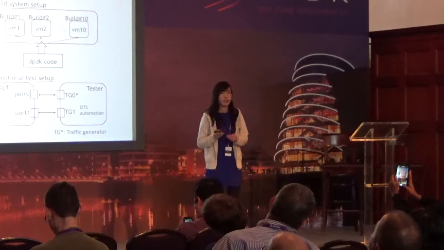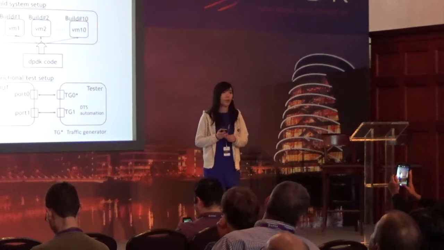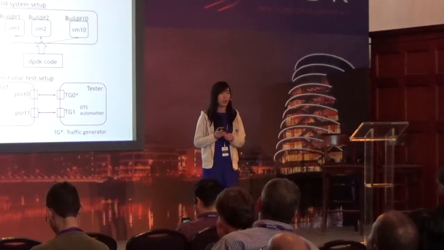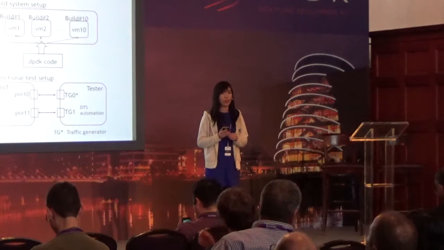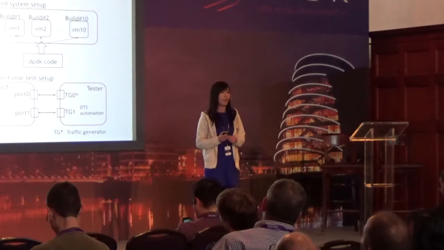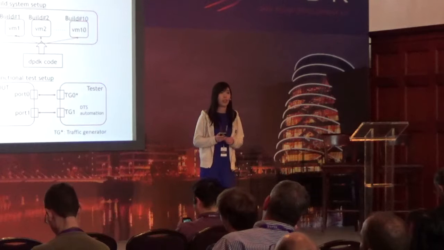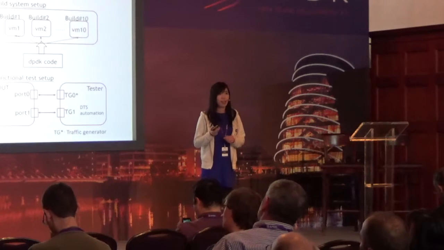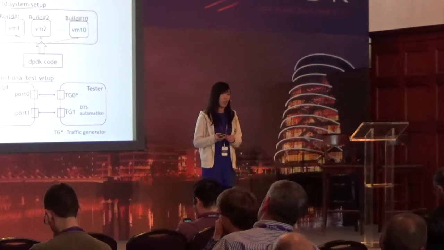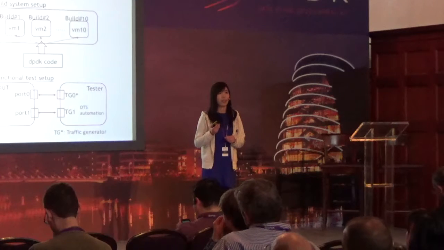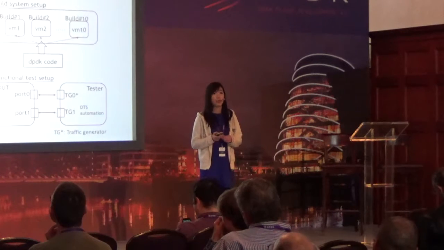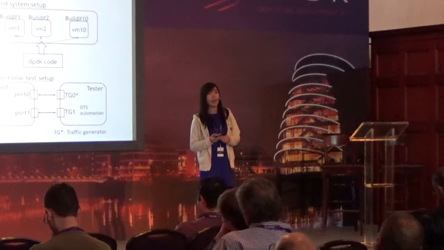Okay. Currently we are doing the per-patch build. When a developer submits a patch, you will get a build report covering 8 different configurations, such as GCC, ICC, 32-bit, 64-bit, Clang, debug, and shared.